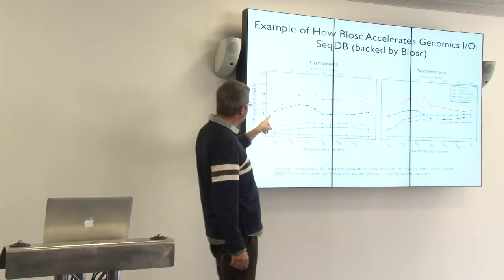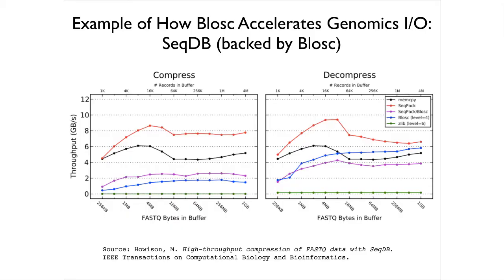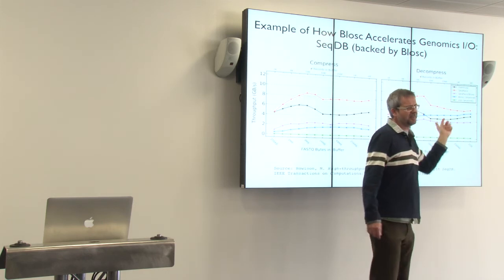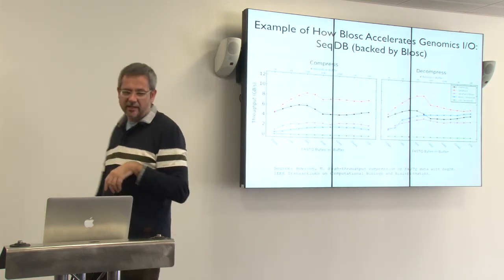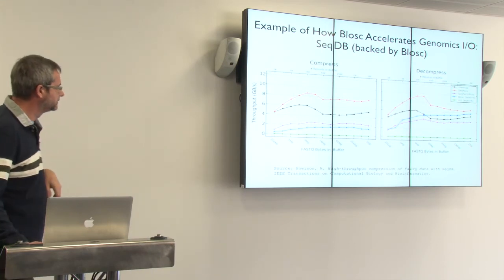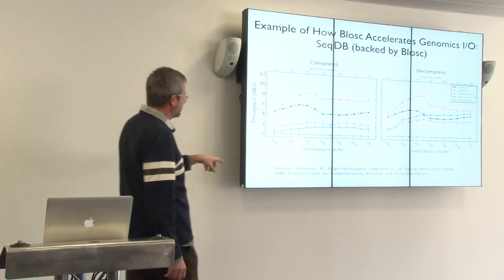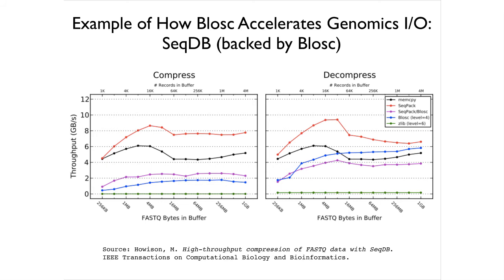So here is the speed of memcpy in black, and in red, the speed of SIGDB, which is backed by Blosc. So this is a first example, with real data, where Blosc can actually accelerate things. This data is published in this article here.